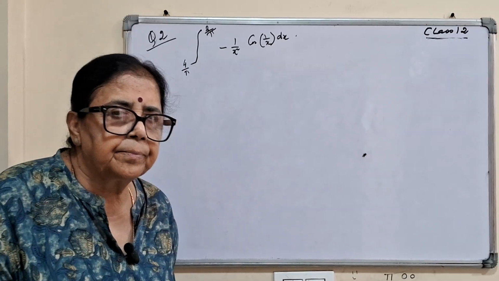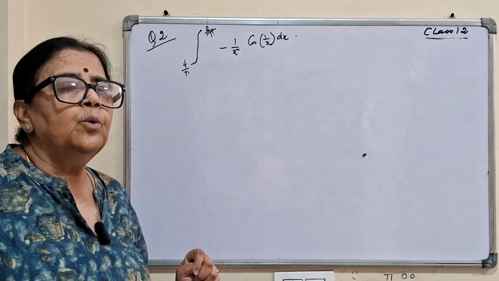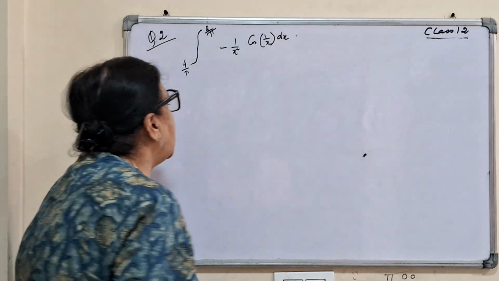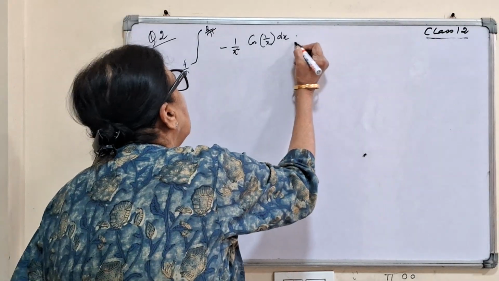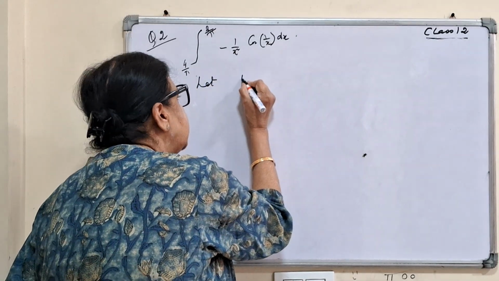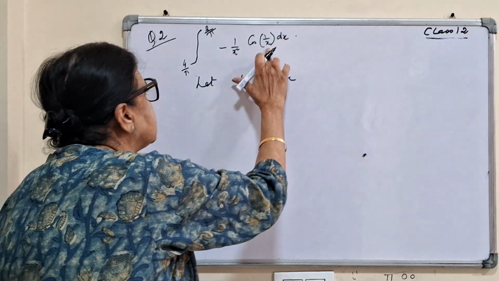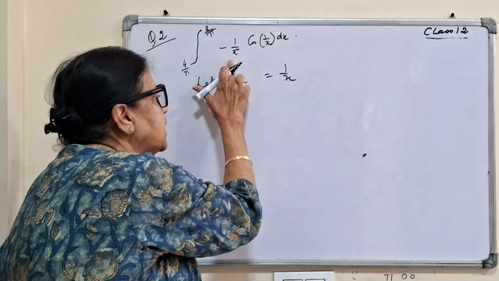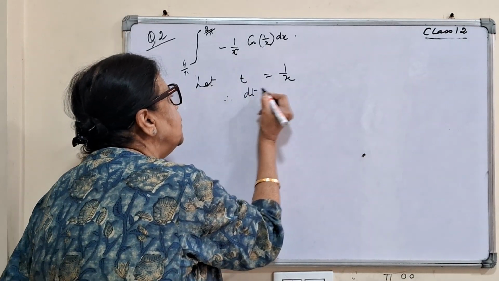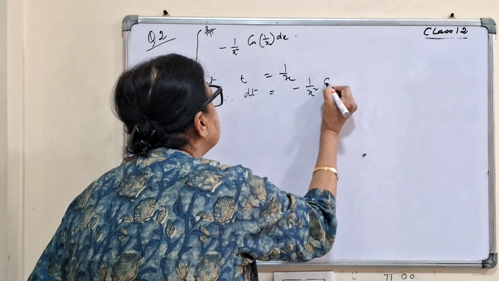Now, question number 2. What will you do? Where do you have to substitute? Let t is equal to 1 by x, because 1 by x's derivative is this. Therefore, dt is equal to minus 1 by x square dx.